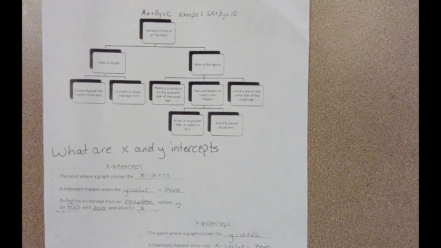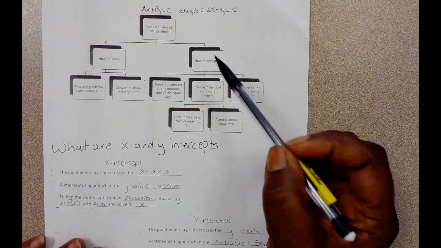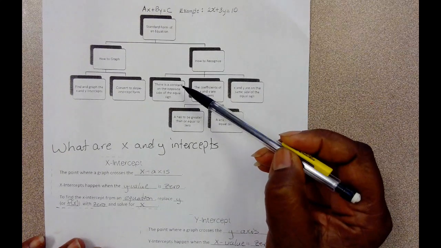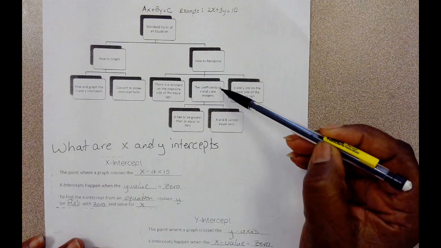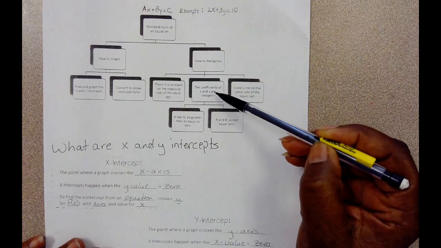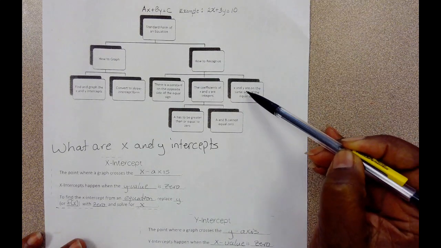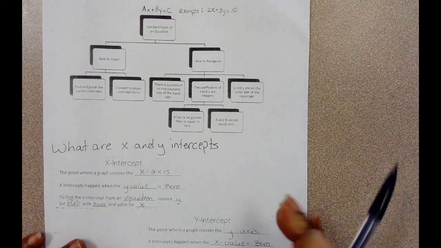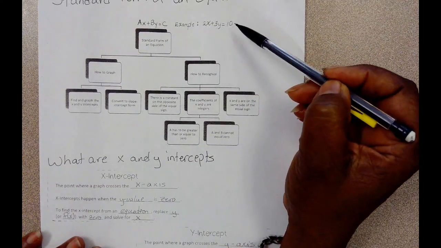All right, let's look at how to recognize standard form. When you see a problem in standard form, there's going to be a constant on the opposite side of the equal sign. The coefficients of the x and the y are integers, and x and y are on the same side of the equal sign. So if you look at the example at the top, we have 2x plus 3y is 10.